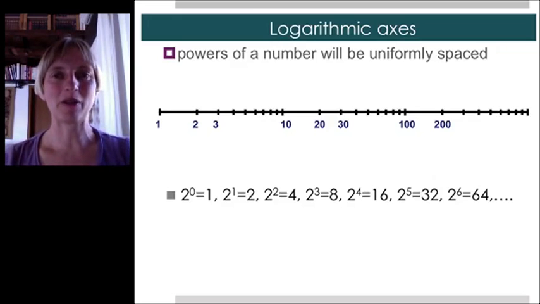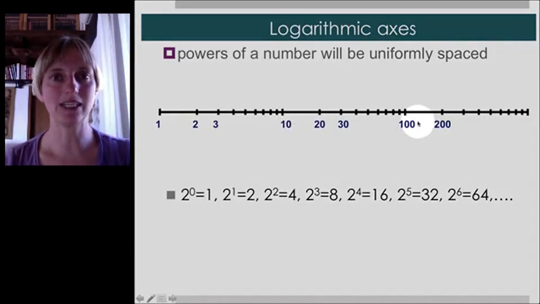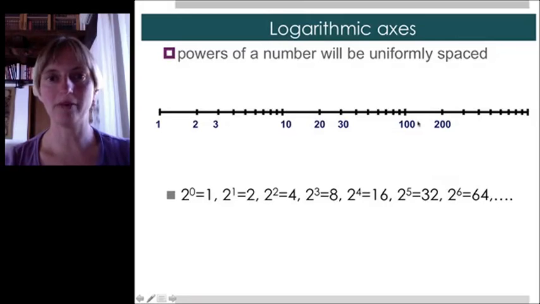So when you place numbers on a logarithmic axis, things that are powers of each other, so 1 and 10 and 10 and 100, will be equally spaced. And so you'll be able to see exponential and logarithmic relationships between the variables.